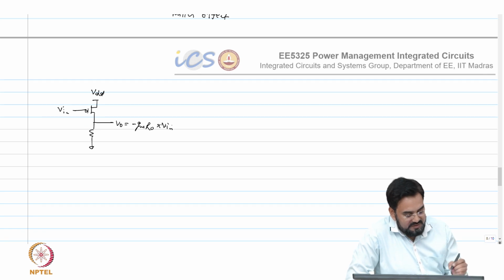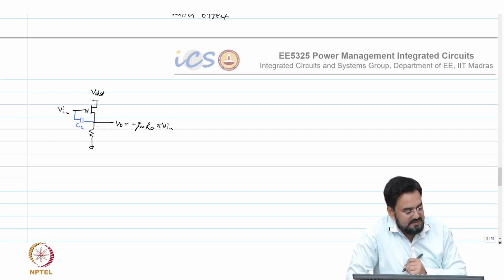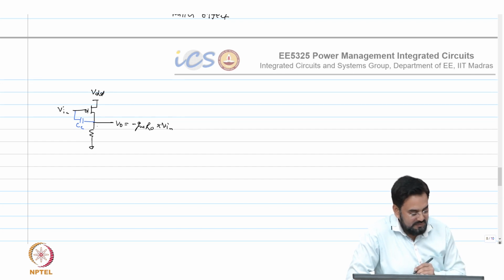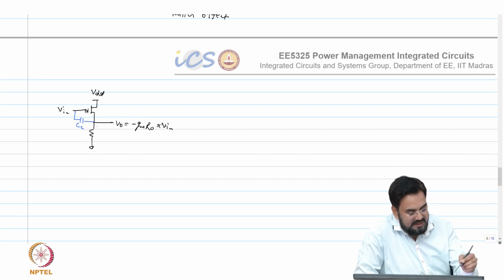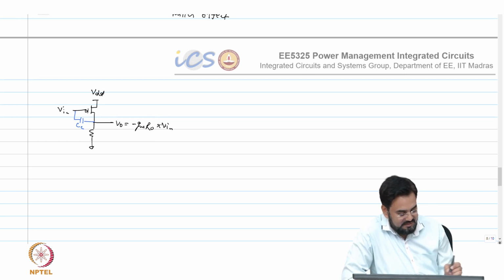So now if I put the capacitor around this, I will call it CC. What would happen? What will be the capacitor looking at the input?